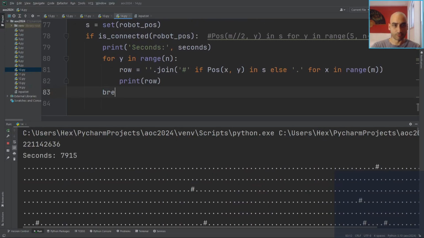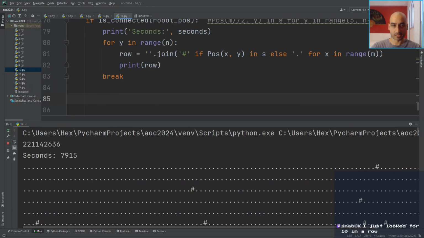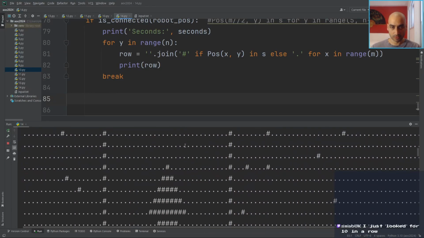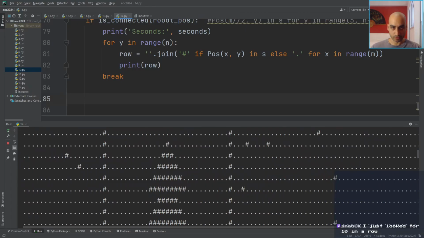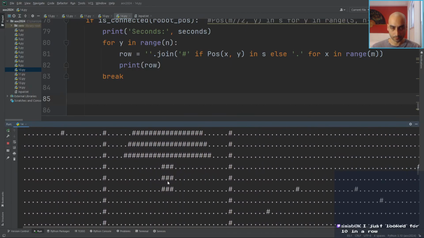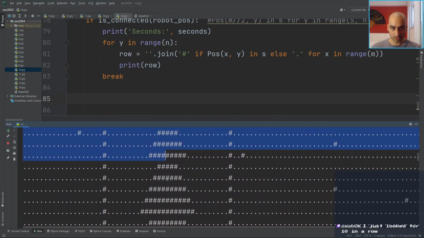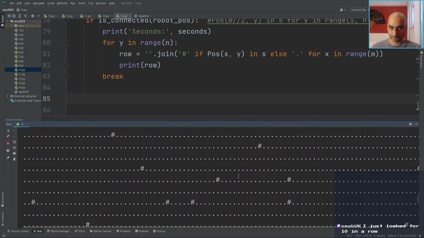And then we'll say break. I just looked for 10 in a row. Yeah, that makes sense. And my backup option was to just look for a vertical line segment of, yeah, something like 10, I guess.